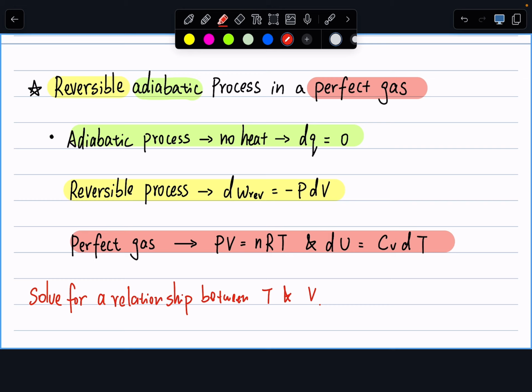All right, yes. Why did you use Cv instead of Cp? Well, in this case, we're talking about dU, right?